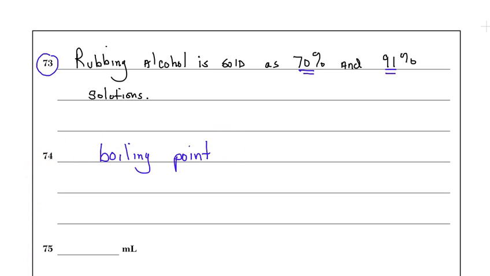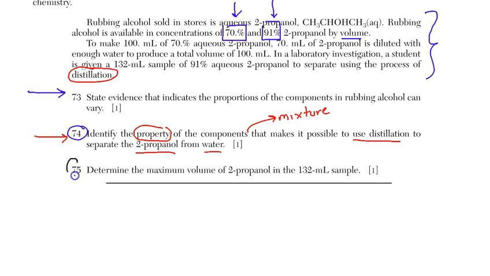74. Number 75. They want to say determine the maximum volume of 2-propanol in a 132 milliliter sample of 91% aqueous 2-propanol. So that's how they made it.